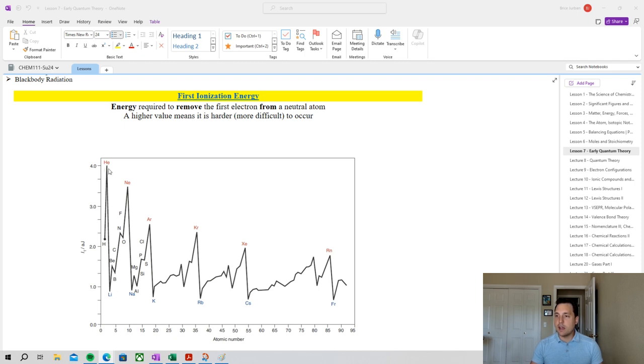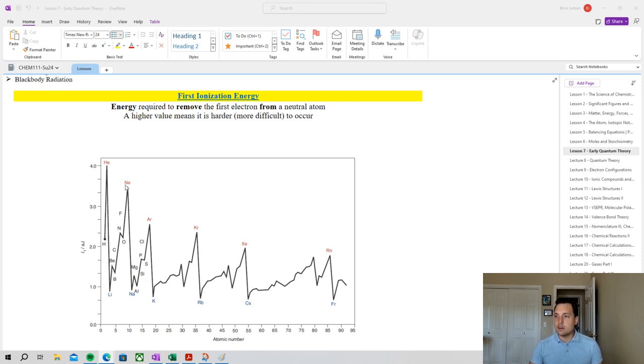It's 4 attojoules of energy. But then when we get to lithium, the third element in the periodic table, it drops almost to 0.8 attojoules, which is significantly less. And then as we go to the next element and the next element and the next element, this energy requirement starts to increase until it reaches a maximum at neon.